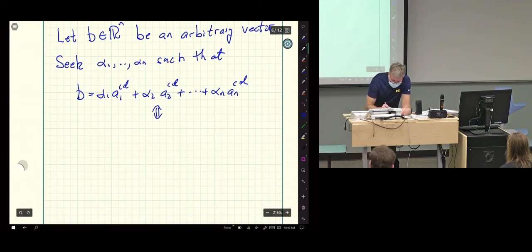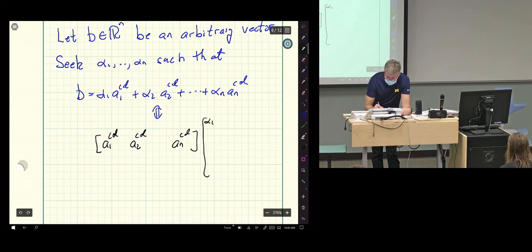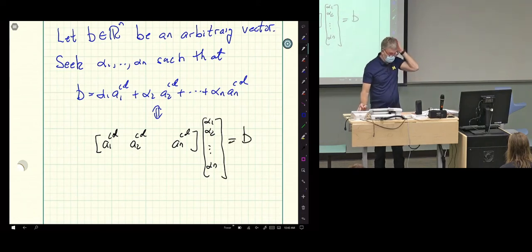So I just rewrite this as the matrix with columns A1, A2, up to An, times the vector alpha 1, alpha 2, dot dot dot, alpha n. And guess what? I'm going to swap my B to the other side of the equation.